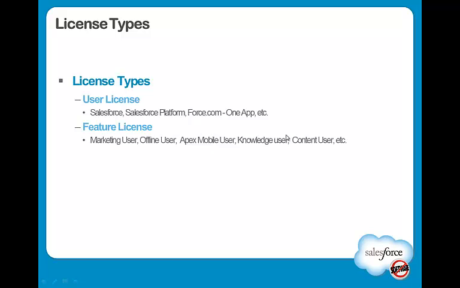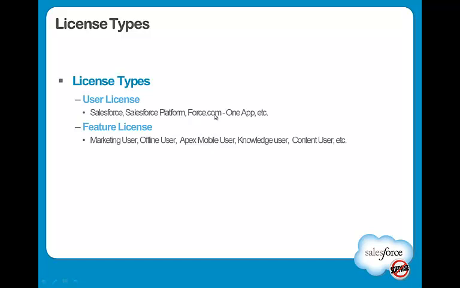So any custom applications that you build on Salesforce platform require this particular Salesforce platform license. Similarly, if you take a look at the Force.com One app, this gives you access to only one application that is built on a Salesforce platform, which is Force.com, right? So that's how they are classified or categorized. So that's about user license.